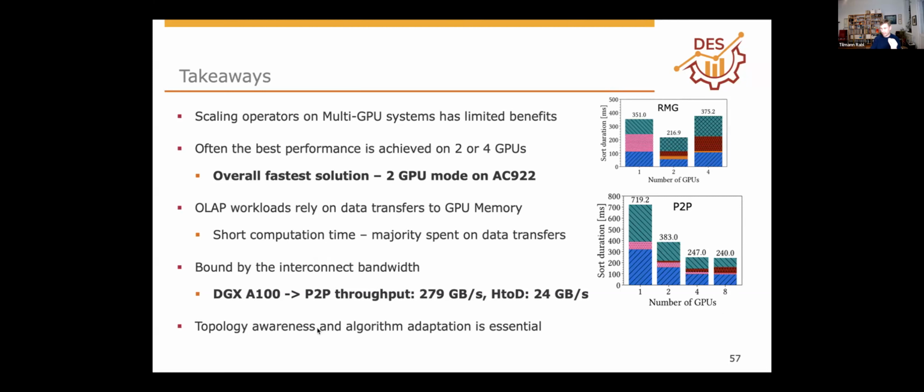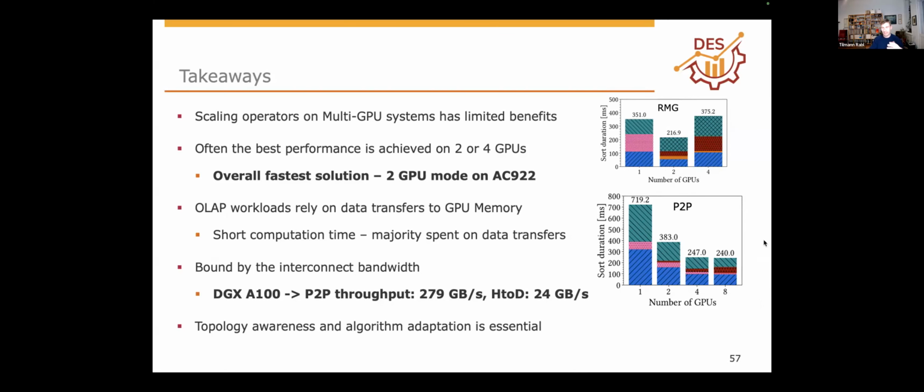Again, we need topology awareness in order to be fast in utilizing GPUs. Having fast interconnects will give us performance benefits, not only total performance benefits, but also efficiency. So we're going to be faster than a CPU, and we can even be price-performance efficient, but only if we have fast interconnects. Otherwise, it scales, but it's not really efficient. Using 8 GPUs for the sorting, we're still not faster than these 2 GPUs here.